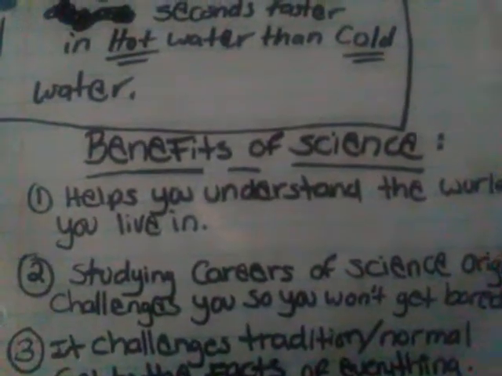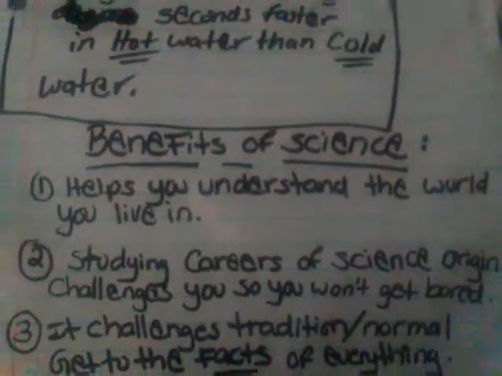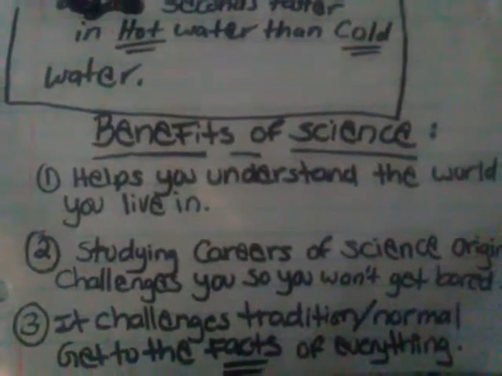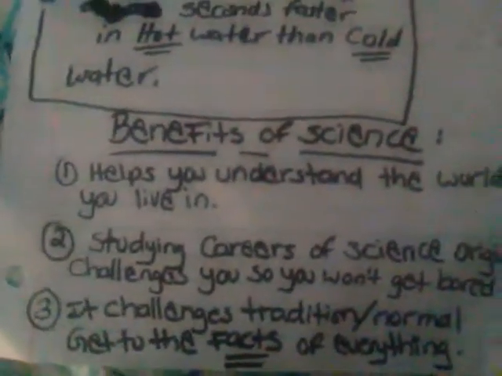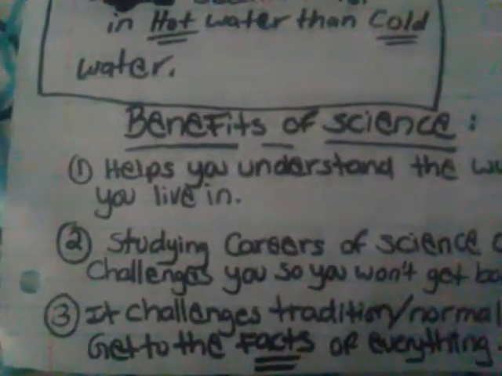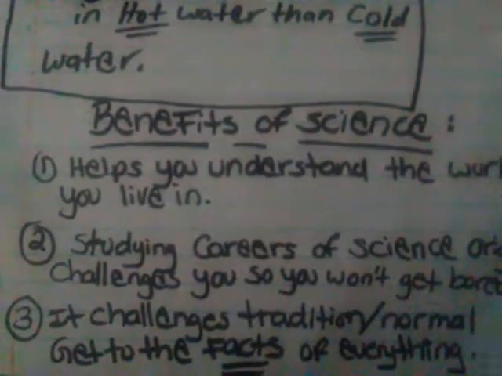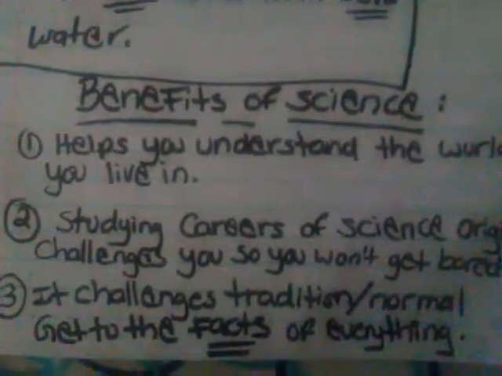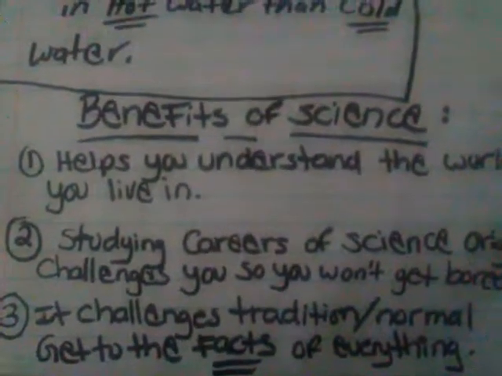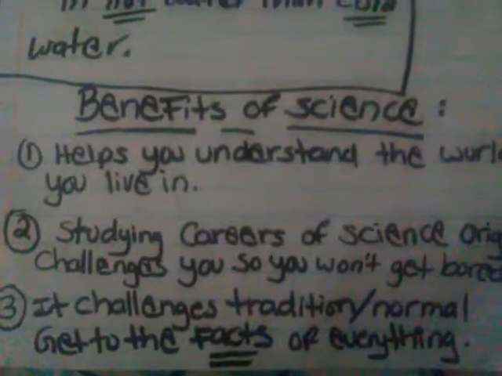So this is a very good subject, or a very good career to go into, as a scientist or with a science origin. And the last benefit of studying science, or a career that originates in science, is that it challenges tradition or what is normal, and you get to the facts of everything.